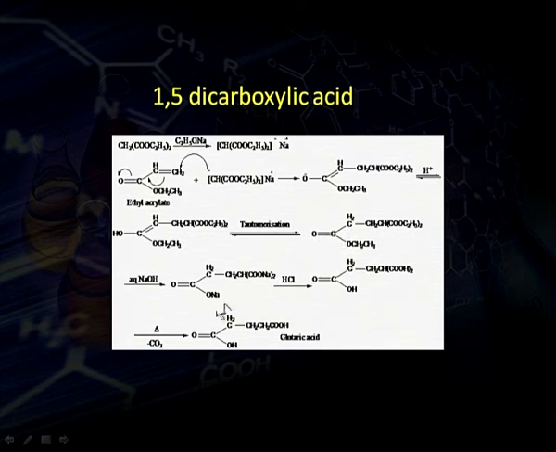Upon hydrolysis with sodium hydroxide, they form sodium salt of carboxylic acid. Upon acidification, it produces tricarboxylic acid, and this upon heating loses carbon dioxide and gets converted into glutaric acid, which is 1,5-dicarboxylic acid.